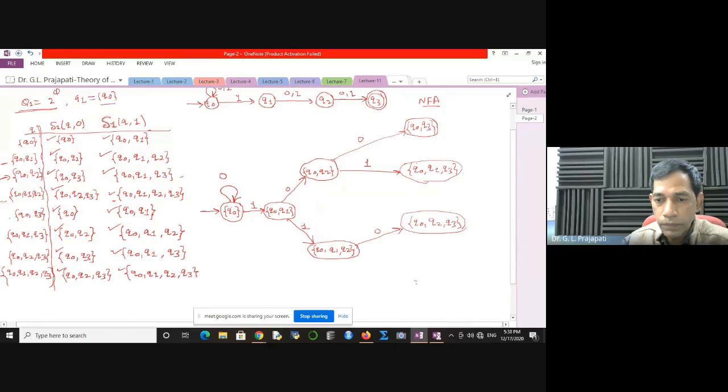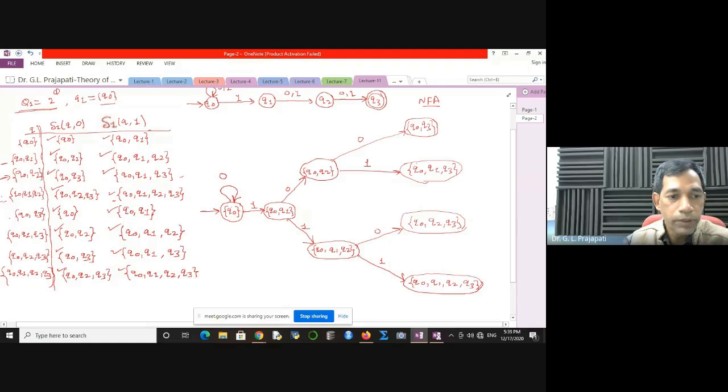So Q0 Q1 Q2 and Q3. This is the state you are going to, and you can mark a circle, and this state you are going to for the case of 1.